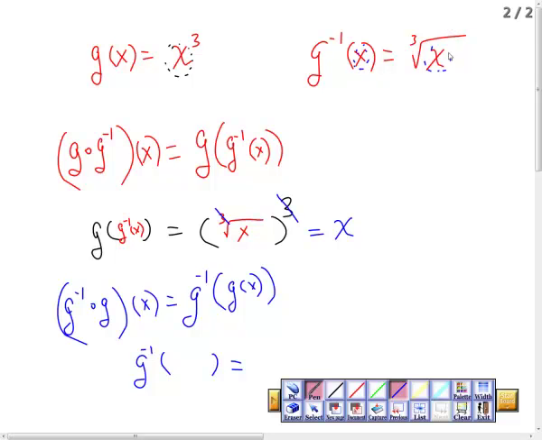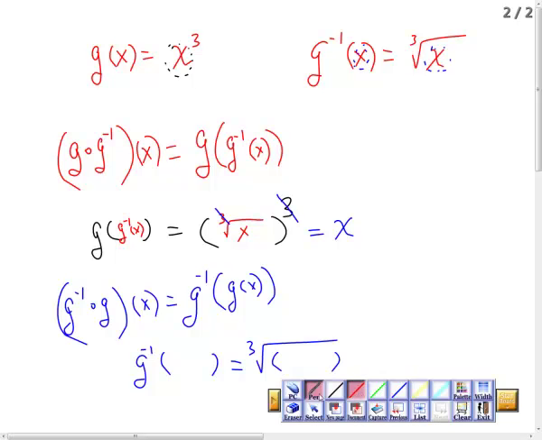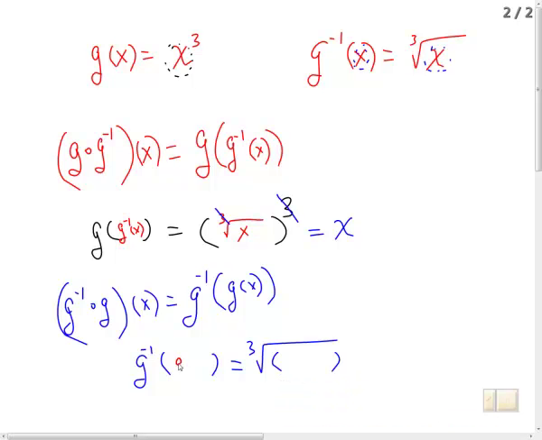Cut the x out of there. And so that would leave us with cube root and then parentheses. Okay, and now we're going to put in the g of x in there. Well, g of x is x cubed. So again, the cube root and the cube cancel each other out. They're inverses of each other, and all we have left is x.